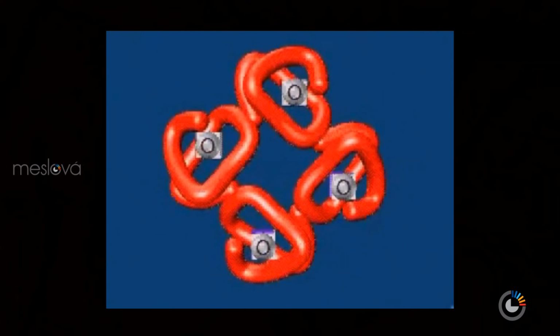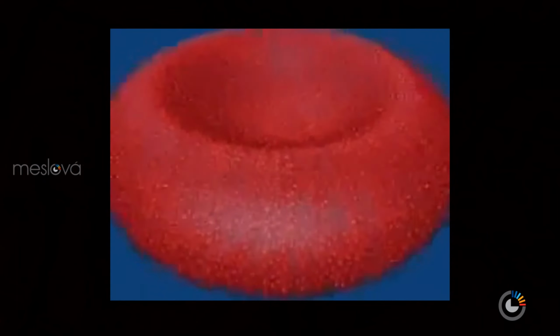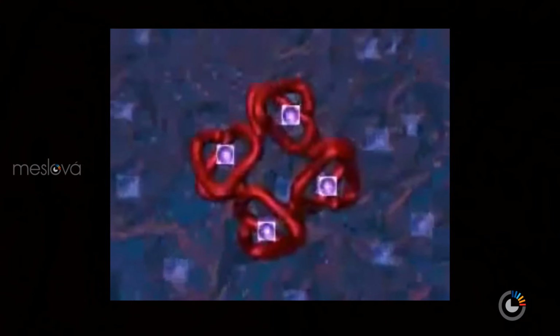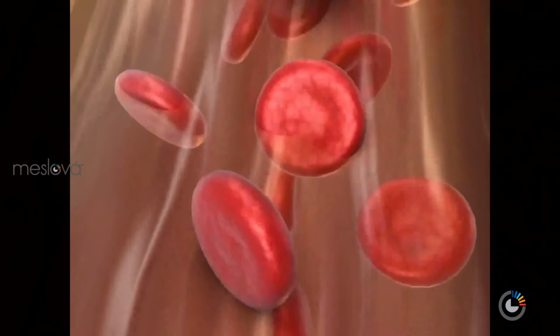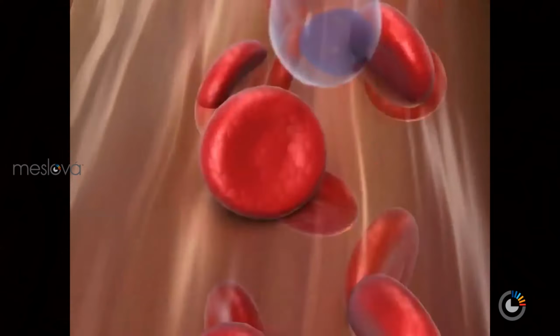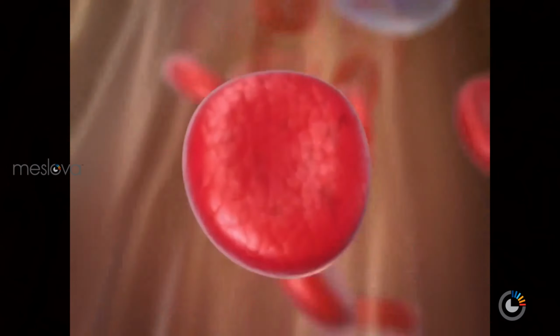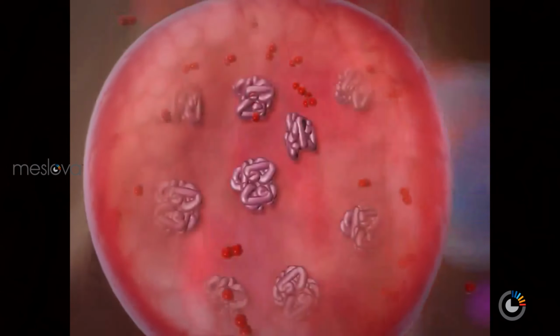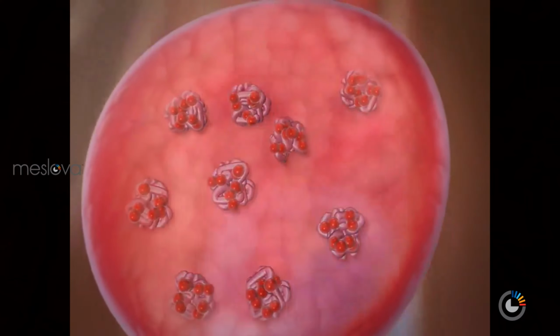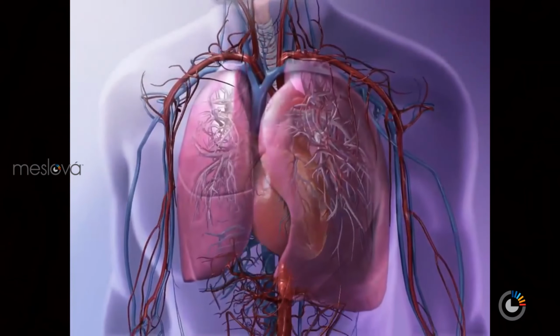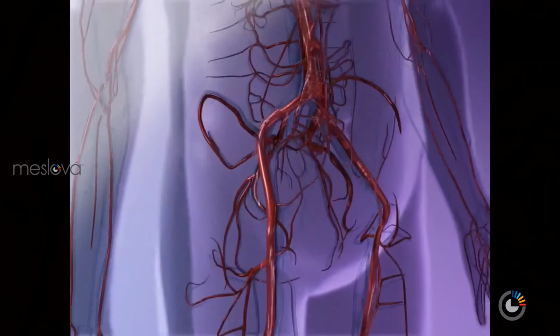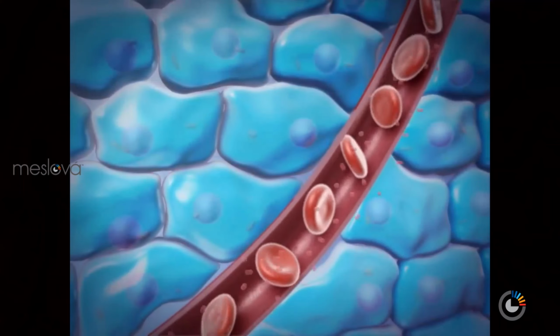A large number of hemoglobin molecules are present in one red blood cell, and each hemoglobin accommodates only 4 molecules of oxygen. Due to the heme present in the red blood cells, they look red in color, because heme contains an iron ion.